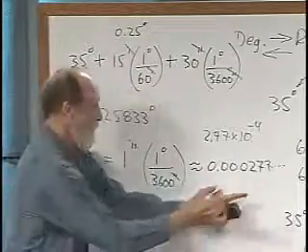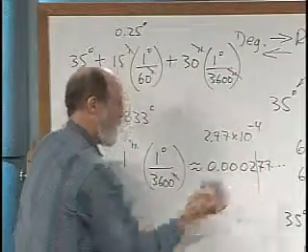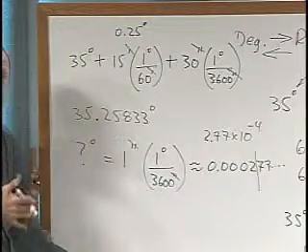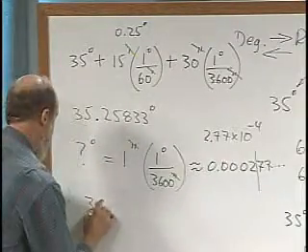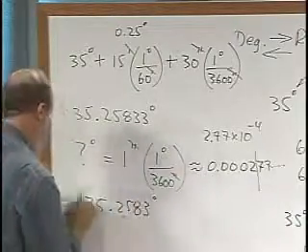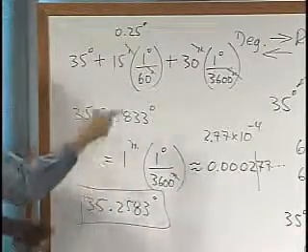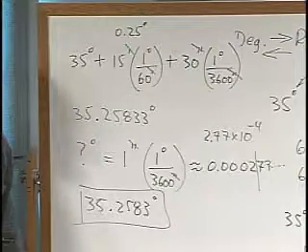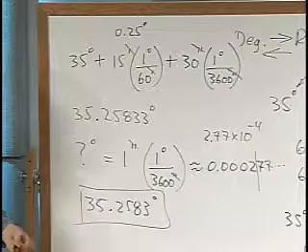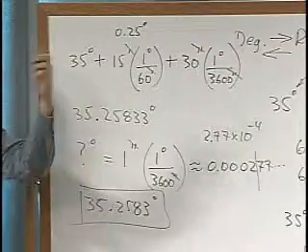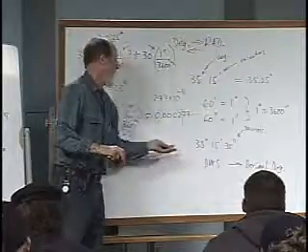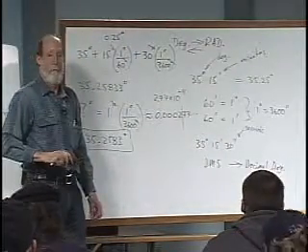So we want to go to that 4th decimal place probably if we're going to do that much accuracy in our measurement. 35.2583 degrees will be pretty darn close to the original measurement in DMS measurement. Okay, so that's how you do it. That's how you convert from degrees to radians or back the other way, and that's how you take something in degree, minutes, and seconds measurement and kick it over into decimal degrees.